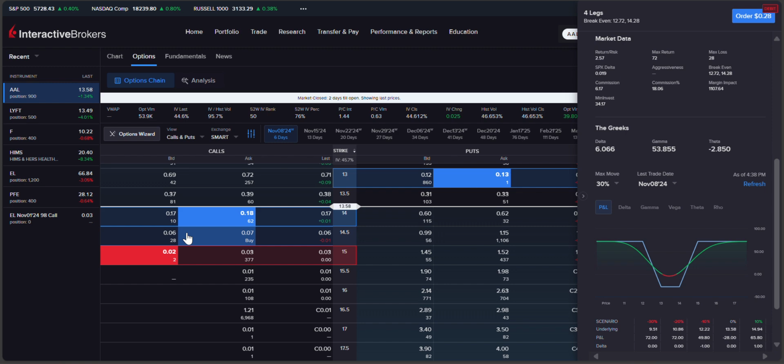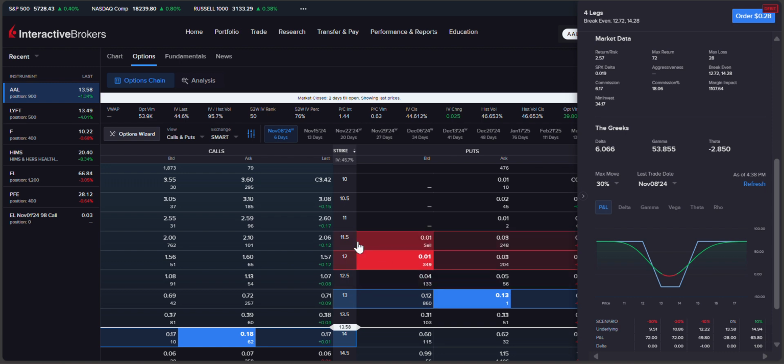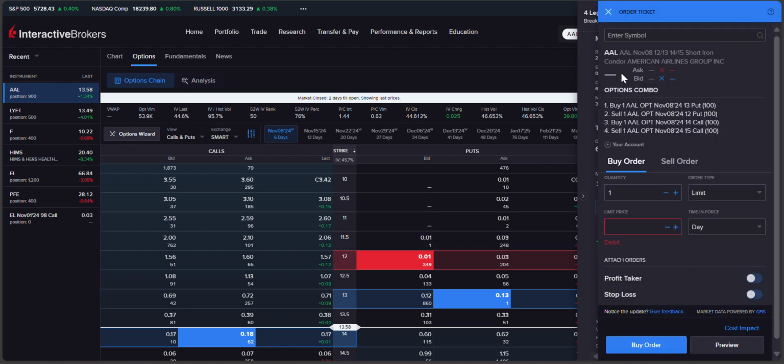Of course, the gains are limited, but that's the way it is. And if the stock plunges down, you sell at 13 and you buy it at 12. So that's how you profit with a short iron condor.